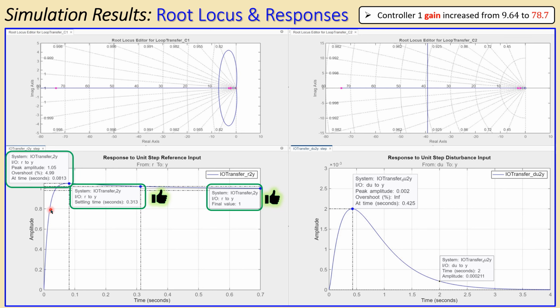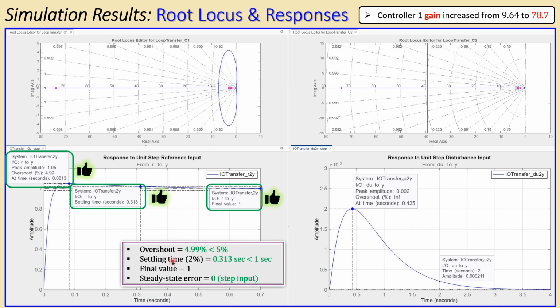I have of course tuned such that I am at approximately 5%, so this is also fine. This will of course meet specifications, and we see also that the disturbance peak value also decreased, because it was much larger compared to what we have here.